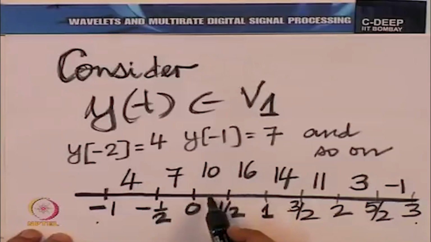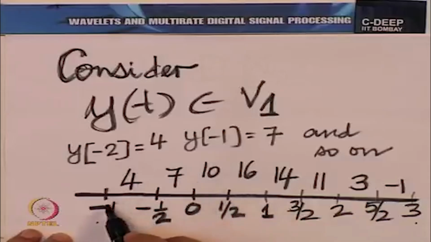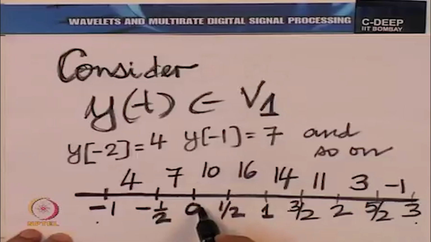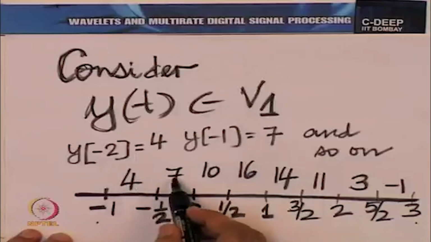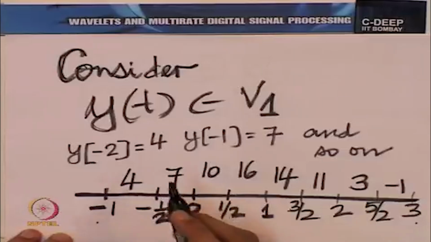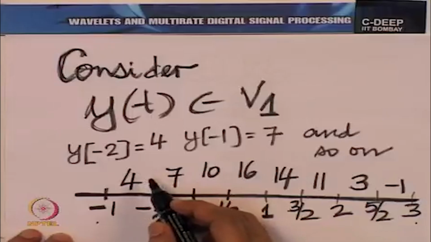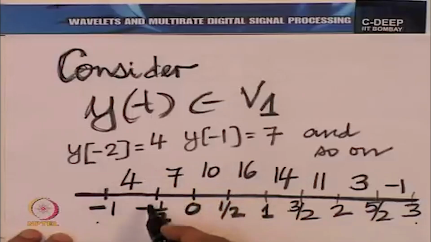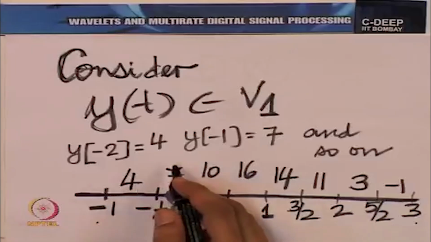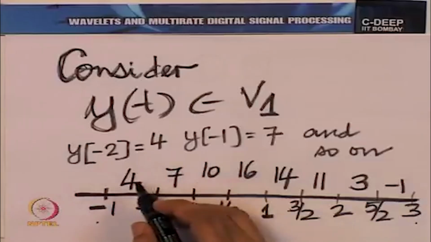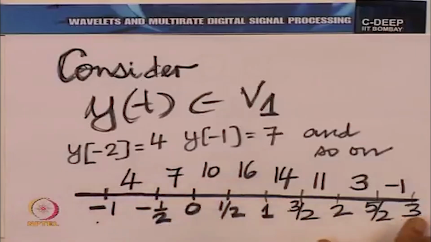And recall, for example, if you consider the interval from minus 1 to 0, the projection on V0 would be piecewise constant on that interval and would take the value given by the average of 4 and 7, namely (4 plus 7) by 2. On the other hand, the projection on W0 would be given by a multiple of the Haar wavelet located between minus 1 and 0 and with a coefficient (4 minus 7) by 2 associated with it.